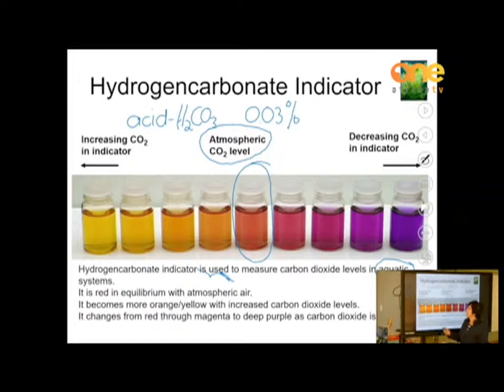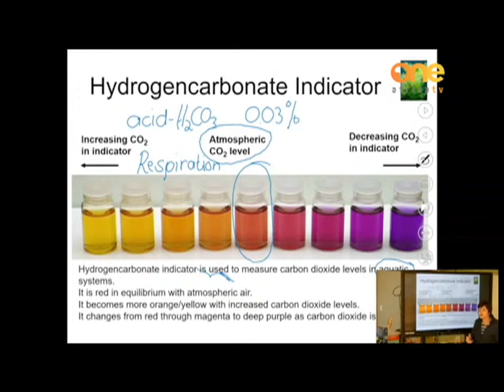It is respiration, right? Because during respiration, carbon dioxide is produced. And when carbon dioxide is produced, it means it is increasing, and we will change from red to yellow.